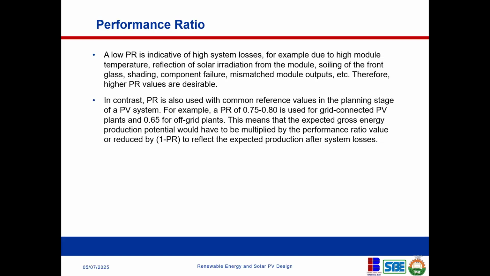These are assumptions, right? You can only say for certainty your performance ratio when your plant has operated for some certain period. Then you can say, this is the performance ratio of my solar system. At the design stage, you can make some assumption. If you're doing a grid connected solar PV system, it is recommended that you use a performance ratio of 75 to 80%.